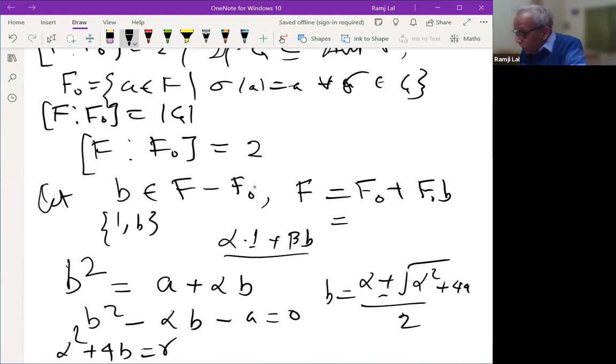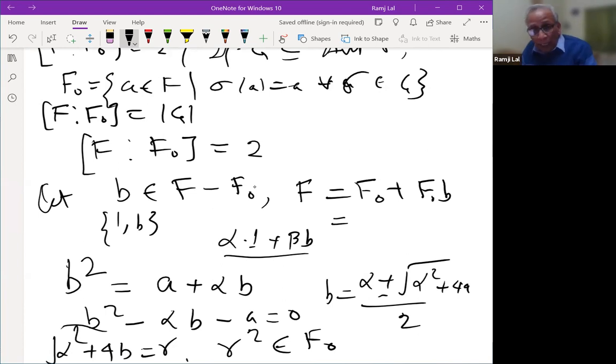So this element gamma is in F but not in F naught, but this gamma square is an element of F naught.